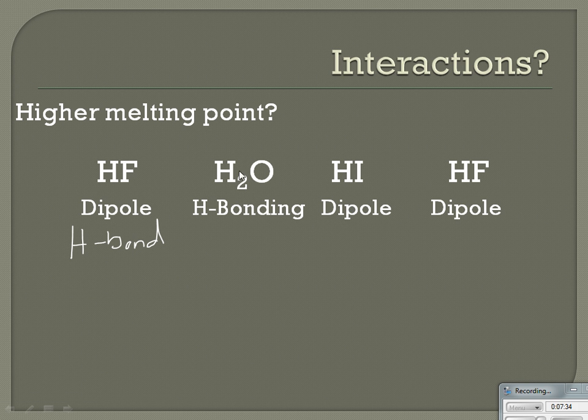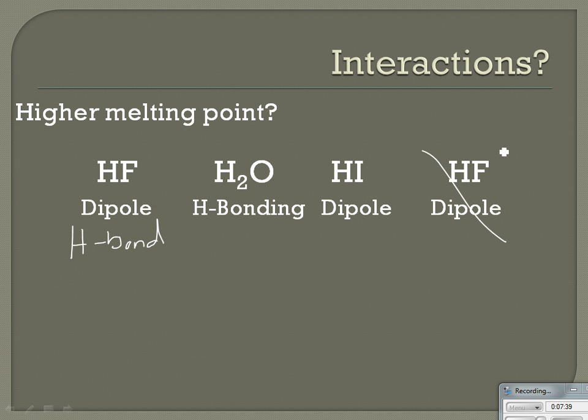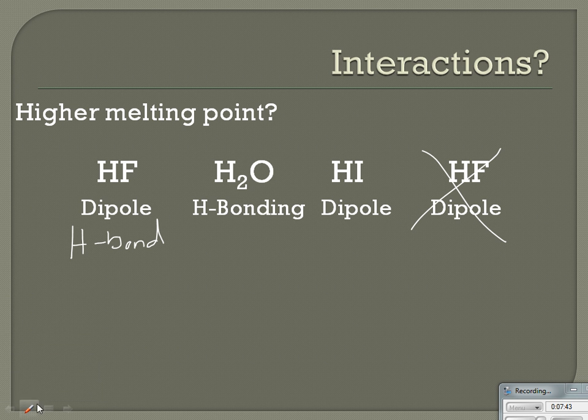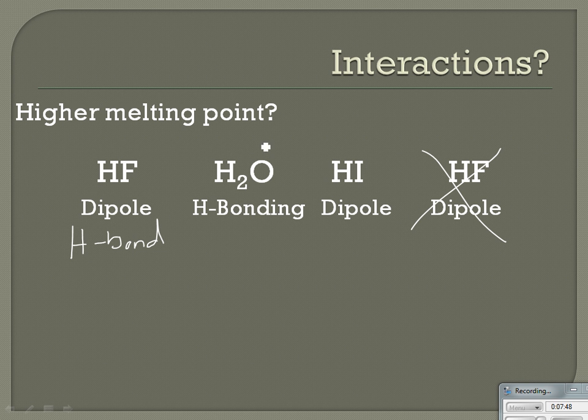Why do I have two of the same? All right. So higher the melting point, what you need to realize then is that you need a stronger IMF. So it's between these two.